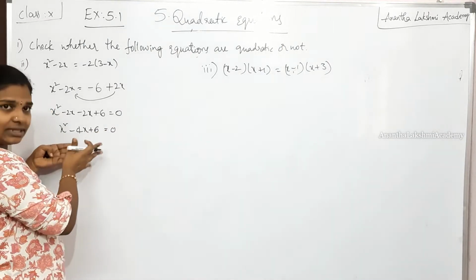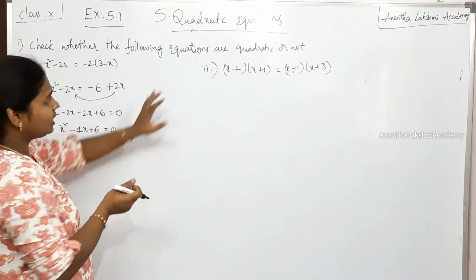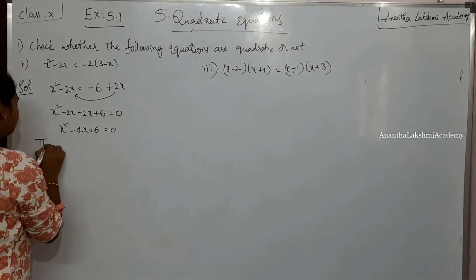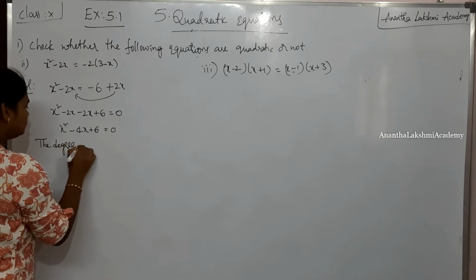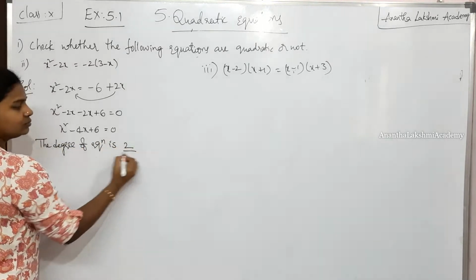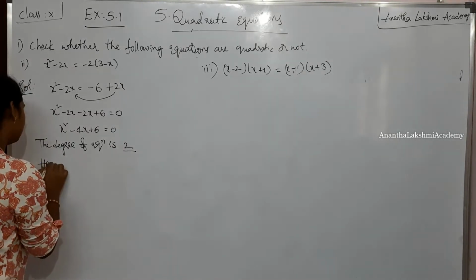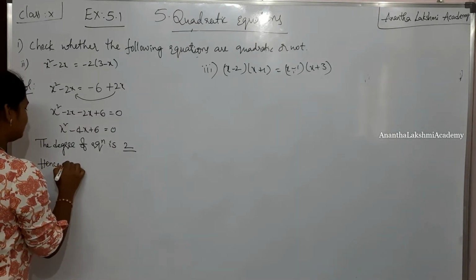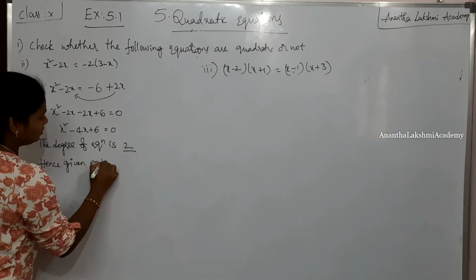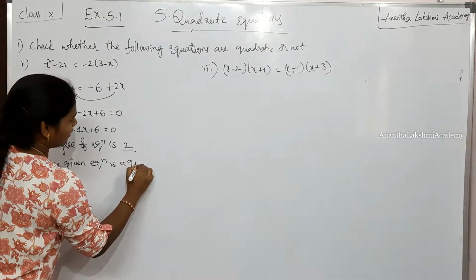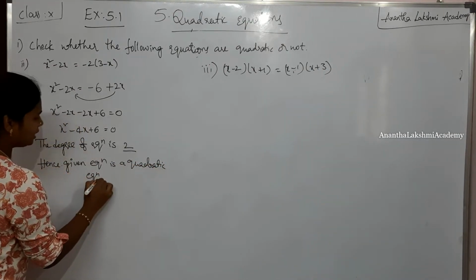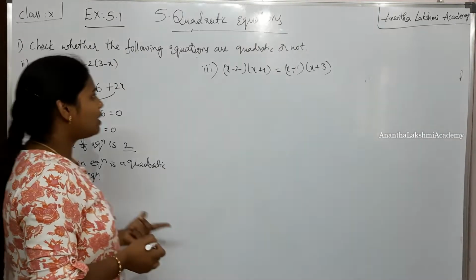Now, this is what they just wanted us to figure out, whether this is quadratic or not. Now, the degree of the equation is 2, isn't it? Hence, the given equation is a quadratic equation.